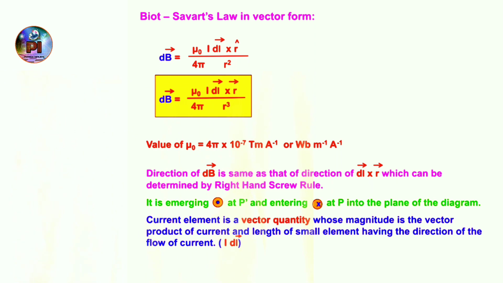So we have to rotate the screw in such a way that it advances in the direction of current flow in the wire. Then the direction of rotation of the screw will give the direction of magnetic field lines. So these are the two rules which help us to determine the direction of magnetic field due to a current carrying conductor.